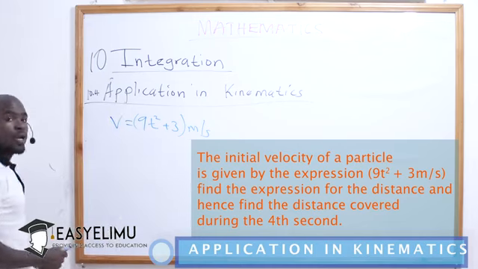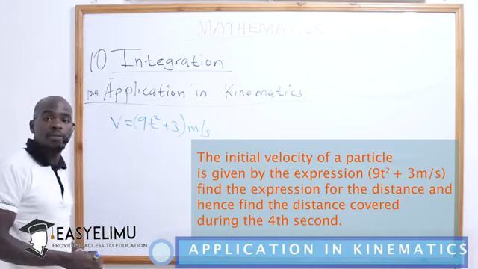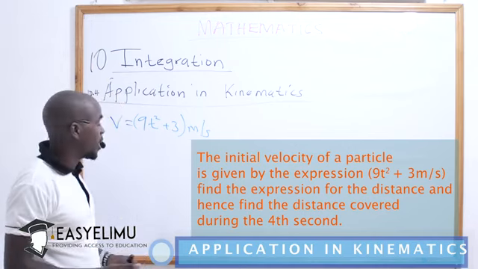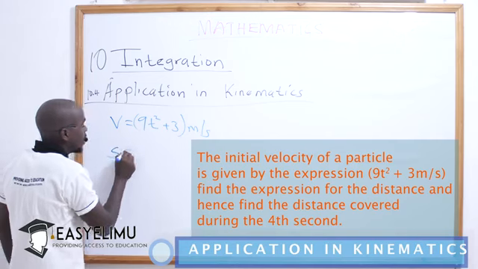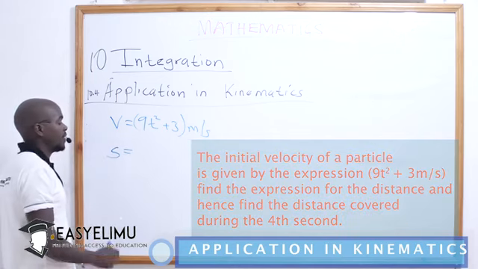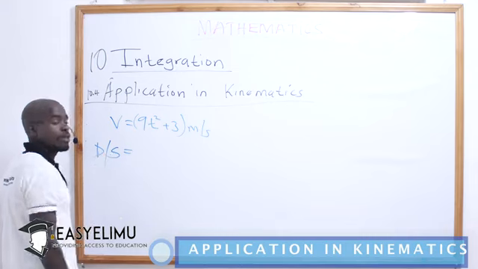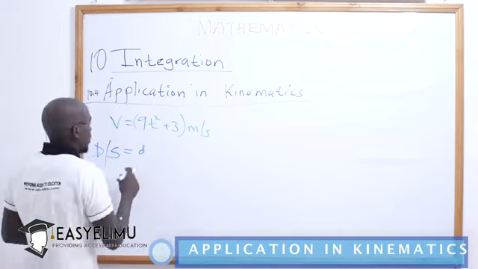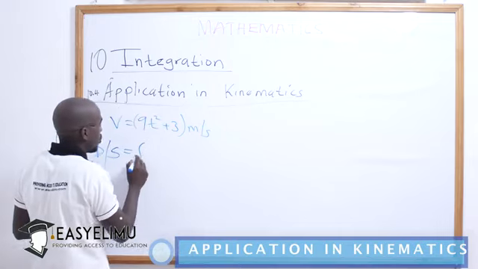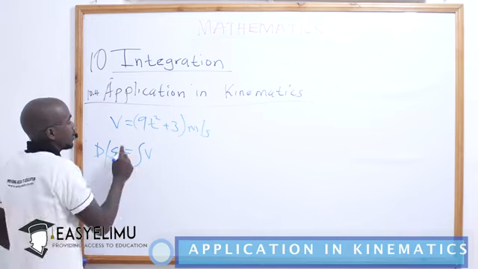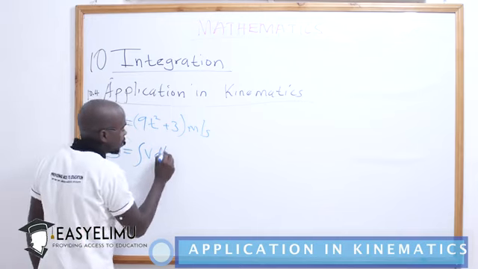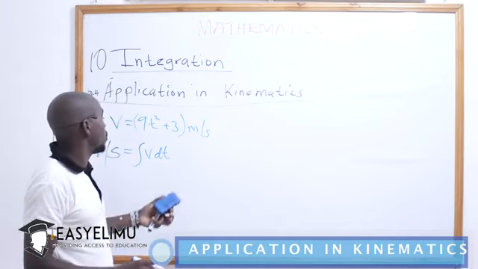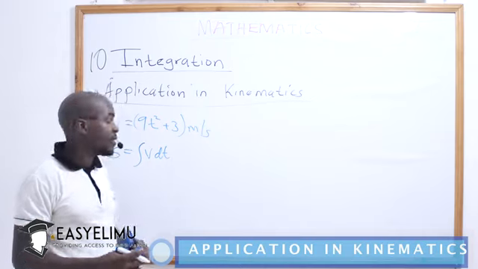So what we should do, we have been asked to find the expression that represents the displacement of this moving particle. We know that to find the displacement, which is s or distance, we are required to find the integration of v with respect to t, where v is our velocity which we have been given and t is time.